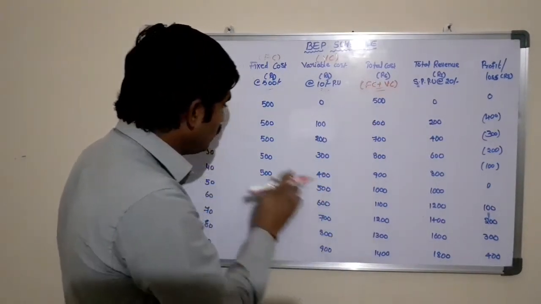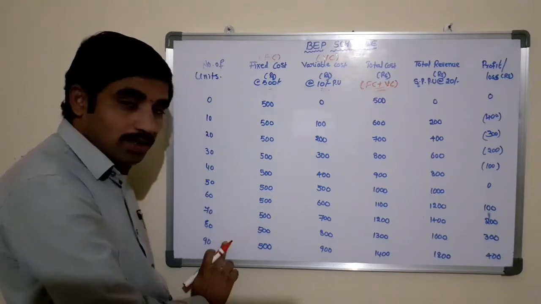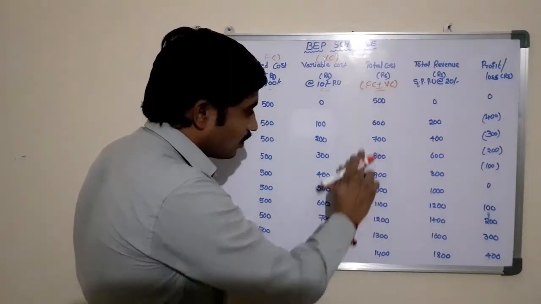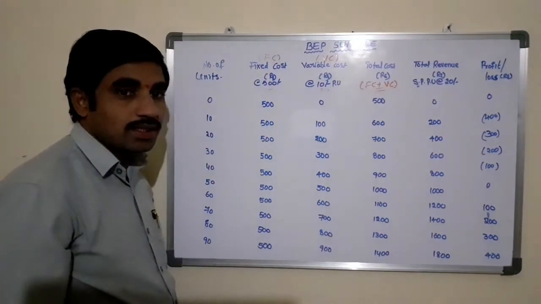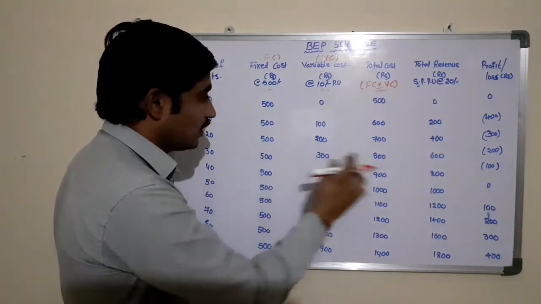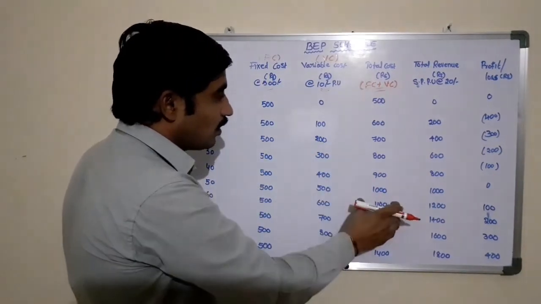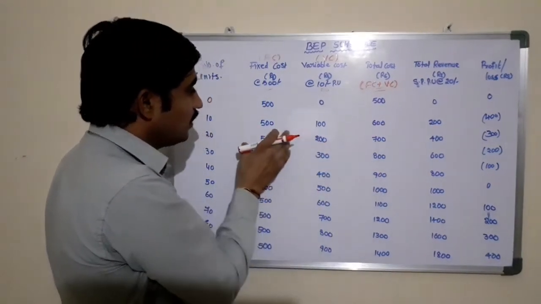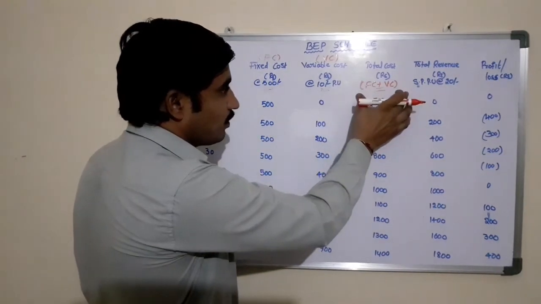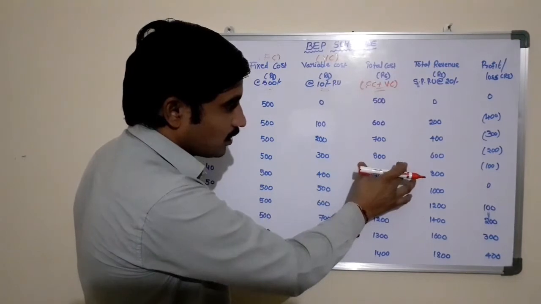As you increase the production in the business, the total cost of the production increases proportionately. At 10 units 600, 20 units 700, 30 units 800. It means the total cost is the combination of fixed cost and variable cost, that is fixed cost plus variable cost equals total cost.